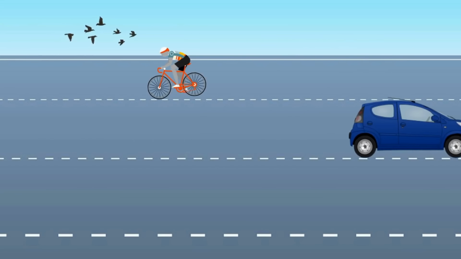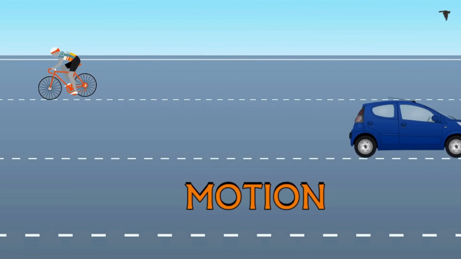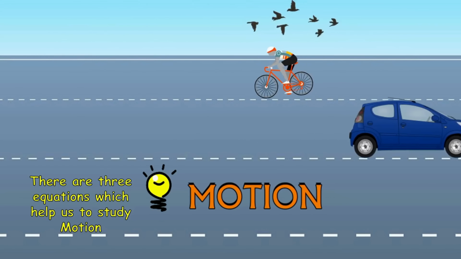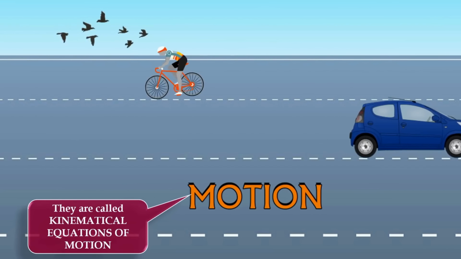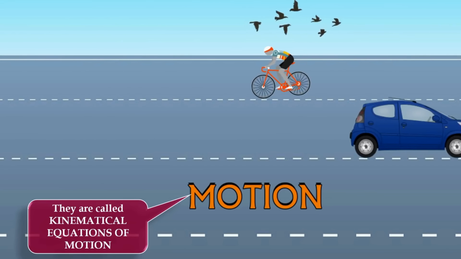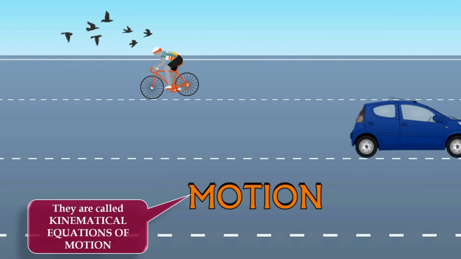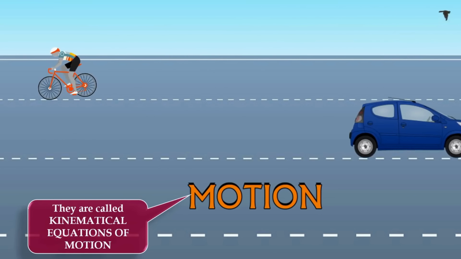In the study of motion, there are 3 important equations that help us describe how objects move. These equations are known as the kinematical equations of motion, or simply the equations of motion. They describe the relationship between initial velocity, final velocity, acceleration, time, and displacement when an object moves with uniform acceleration.